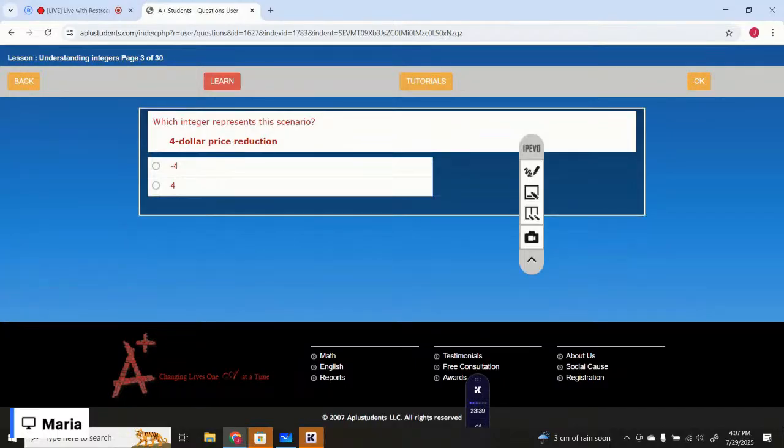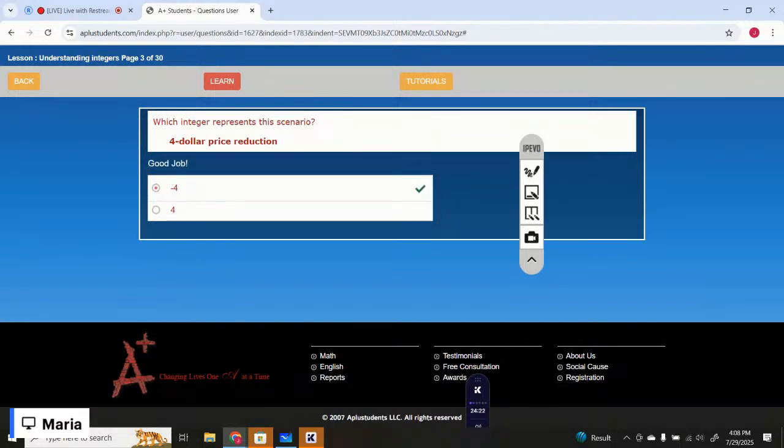Which integer represents the scenario? $4 price reduction. That is a reduction, so negative it is. That is negative 4. Option number 1 is the correct option.